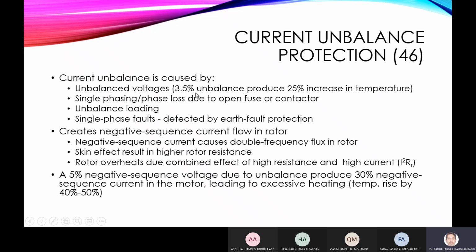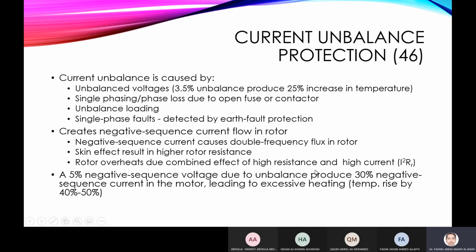Imbalance voltages produce imbalance current, which is negative sequence current, and that negative sequence current heats the motor rotor conductors and increases the temperature by 25%. A 5% negative sequence voltage due to the imbalance can also produce an imbalance current of 30%. See, 5% in voltage, imbalance measured as a negative sequence voltage, produces 30% negative sequence current.